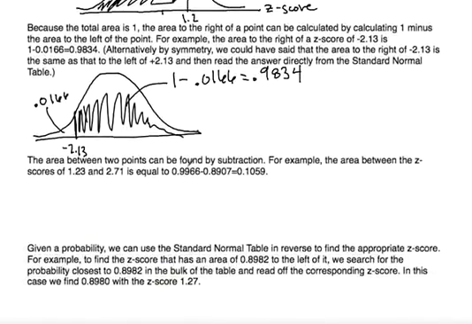The area between 2 points can be found by subtraction. For example, the area between the z-scores of 1.23 and 2.71. If we were looking at the standard normal table, say you've got 1.23, there's the center, like here.